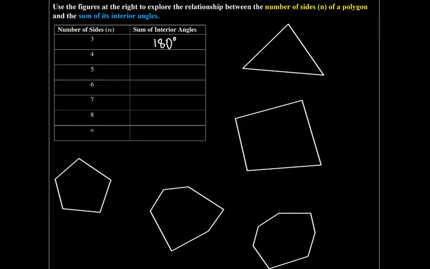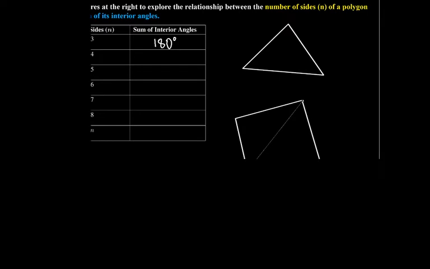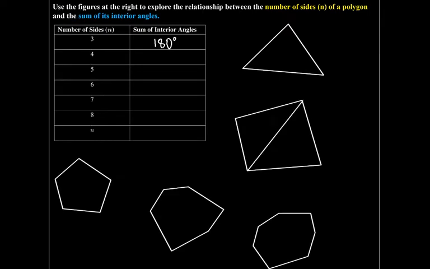Well, what can we do with the other ones? I'm going to choose a random corner here, and I'm going to do this. So let's look at what we have here. We have a triangle, and we have another triangle. So this thing inside we have 180, and this thing we have 180 also.